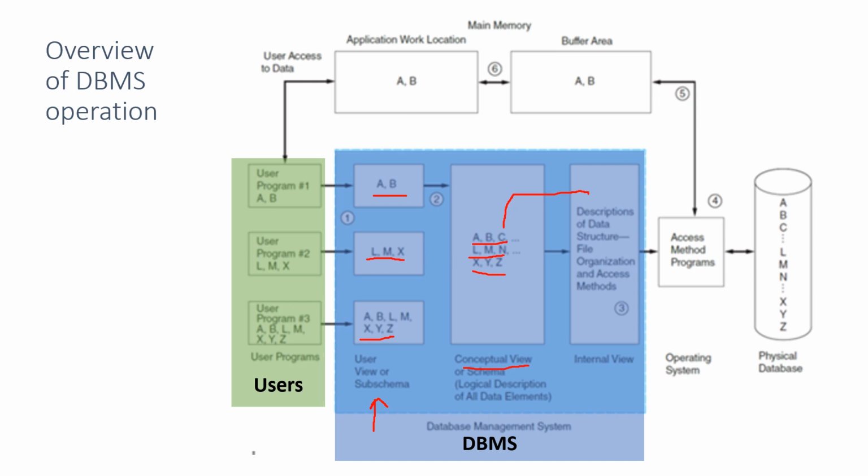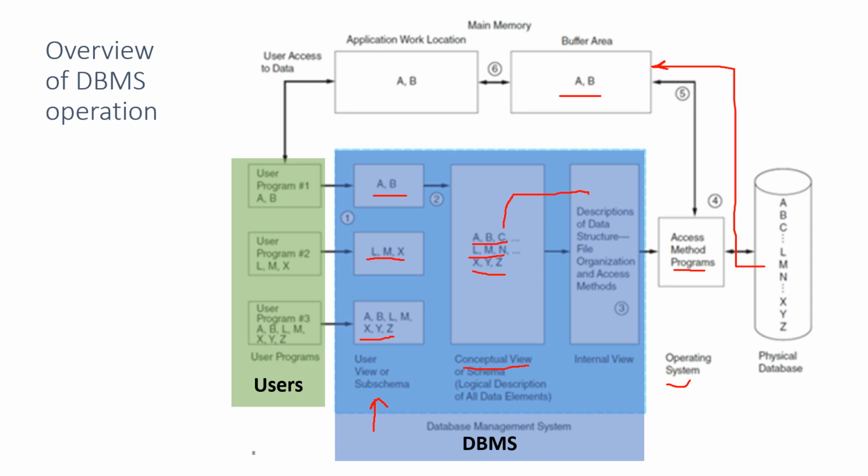So the descriptions of data structure files are based on the organization and access methods, and then if okay, through the operating system the proper access method programs will get the database request, and then it will be stored in buffer memory, main memory, which is managed by the DBMS as well.